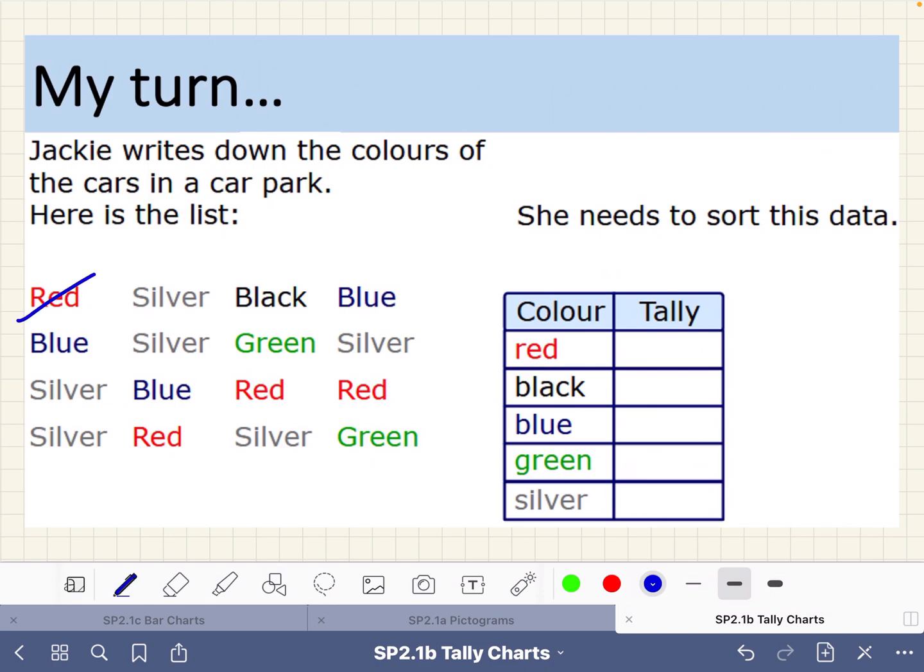So I have red, so I put a dash in red. Silver, dash in silver. Black, dash there. Blue, and notice each time I cross one out, I put the dash in to make sure I don't miss any.